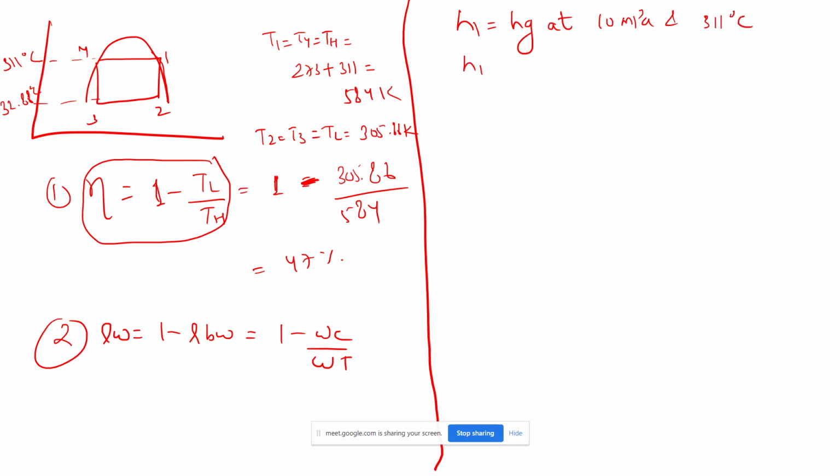So what will be the value of H1? It will be directly equal to 2724.2 kilojoule per kg. Similarly, S1 will be equal to Sg at 10 megapascal and 311 degrees Celsius. So what will its value be?